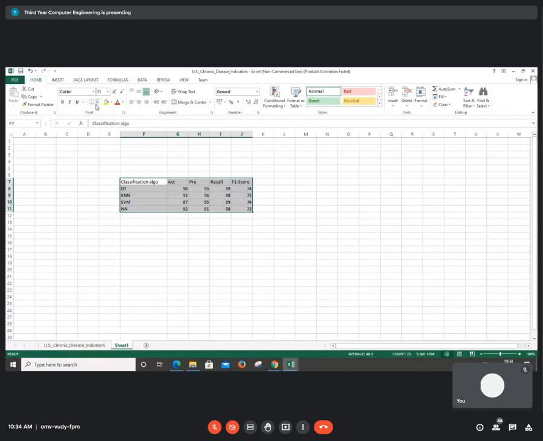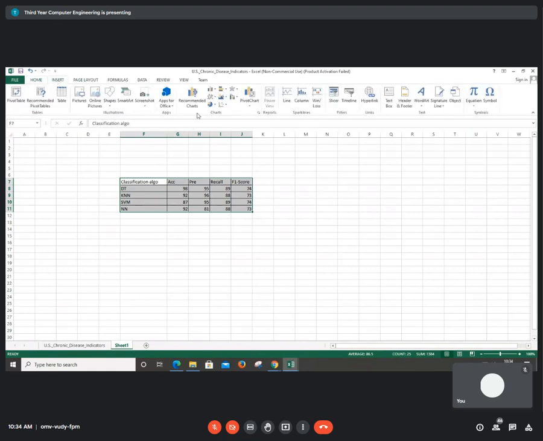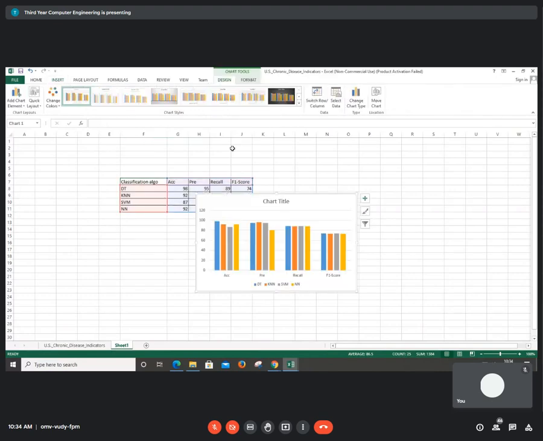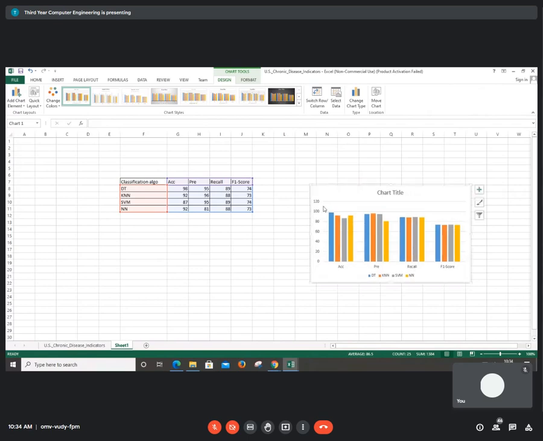Just now I want to display this data in terms of graphical representation. I use a sample chart. Either I can use this chart or a pie chart. Suppose I select this chart. Now this particular graph displays that information.